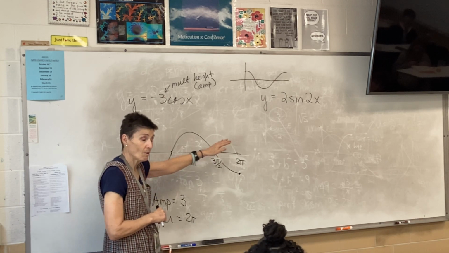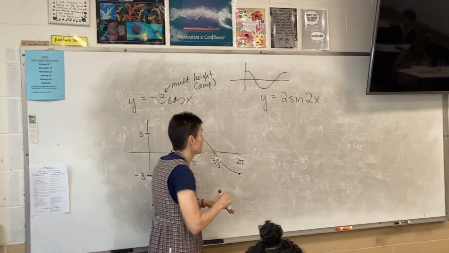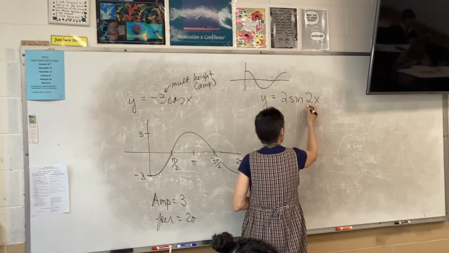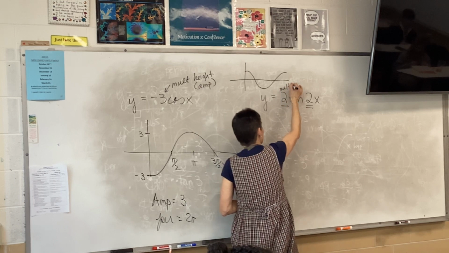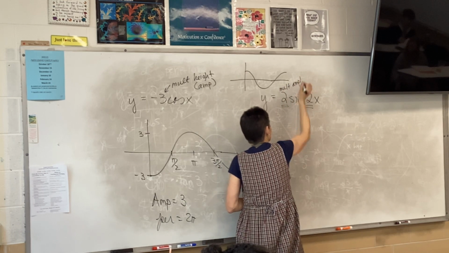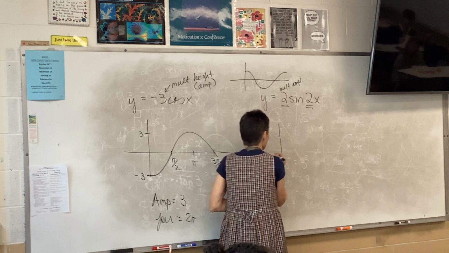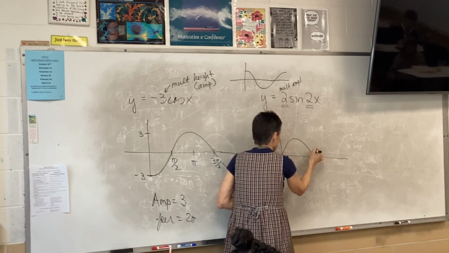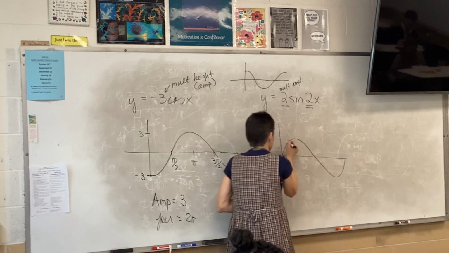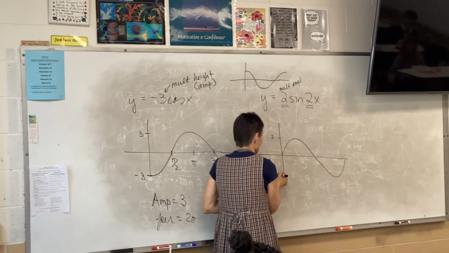Because now we're taking it up a notch. What does that number do? I know what this one does. This one's going to multiply my amplitude. So my sine curve, this is a sine curve, has a hill and then a valley. Its amplitude will be 2.